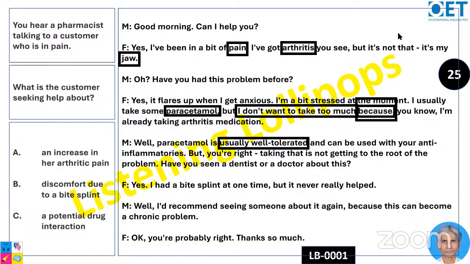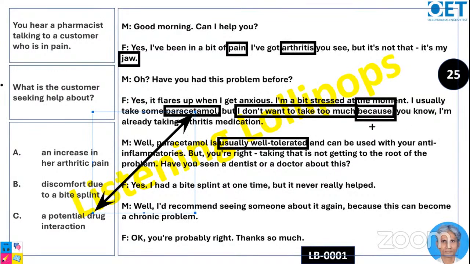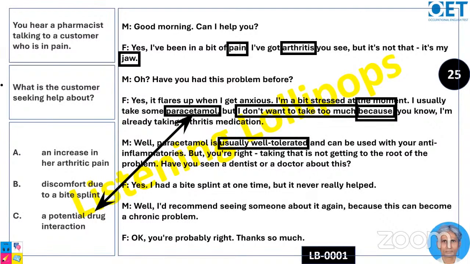So this is the way you have to answer. Focus on answers like this because he's talking about medication, about drugs. Paracetamol is one medication, and the other is arthritis medication.